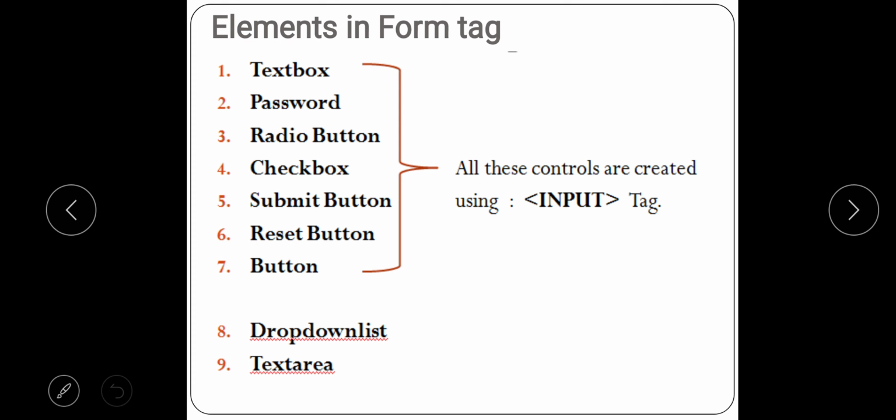For the drop down list, you need to use the select tag with the option tag in it, and for the text area you have to use the textarea tag. This is where the students get confused. That is why I have split those into different categories. So the first 7, you need to use the input tag, and how to create the drop down list and text area we will see in the next slide. So let us move to the next slide.